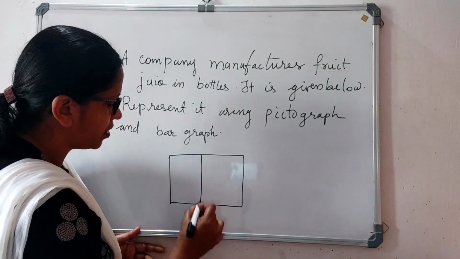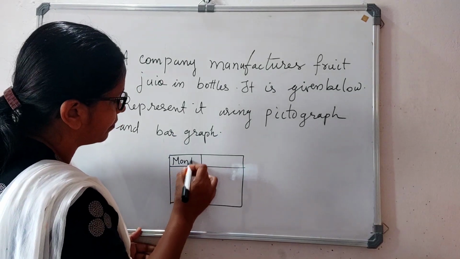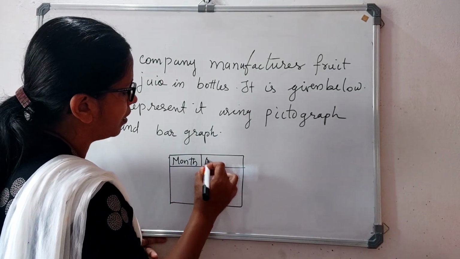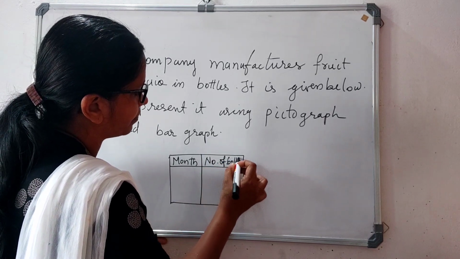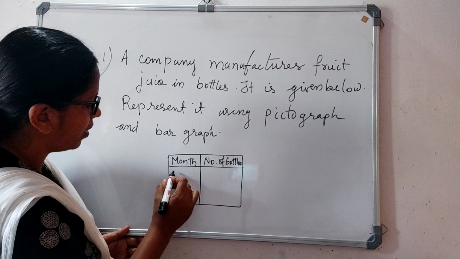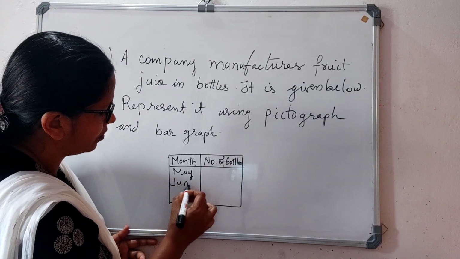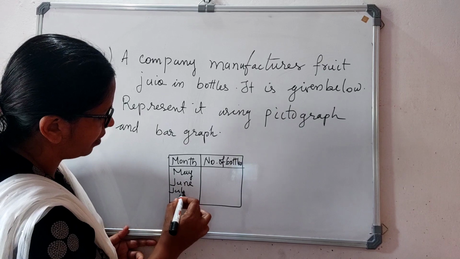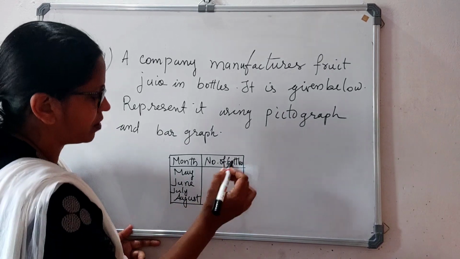Okay, here it is given month. Here it is given number of bottles. The months are May, June, July, August, 4 months.